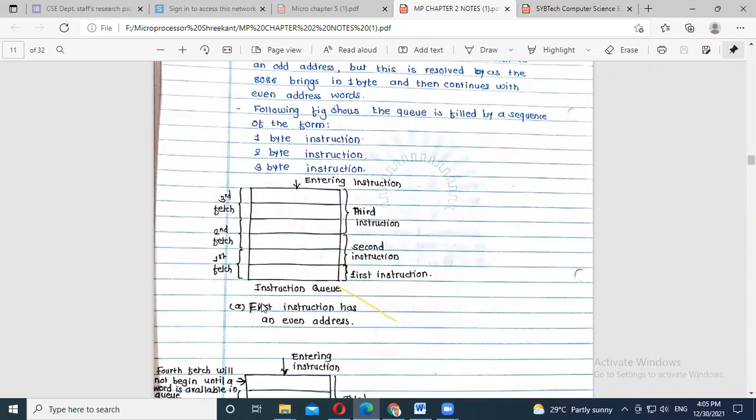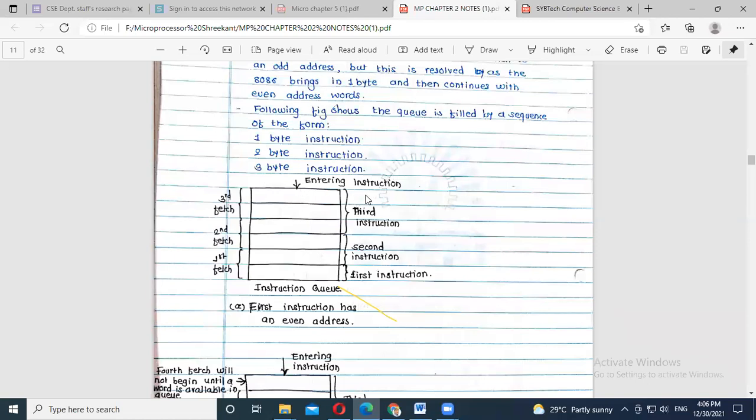For an even address, this is the memory sketch I have drawn, with the first fetch, second fetch and third fetch. The first fetch is the first instruction, the second fetch is the second instruction, the third fetch is the third instruction, like that.